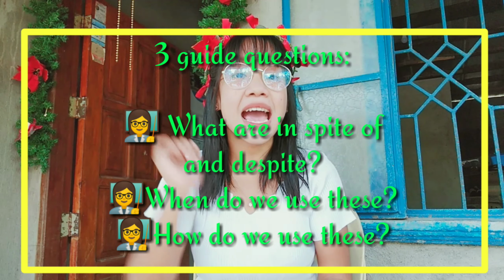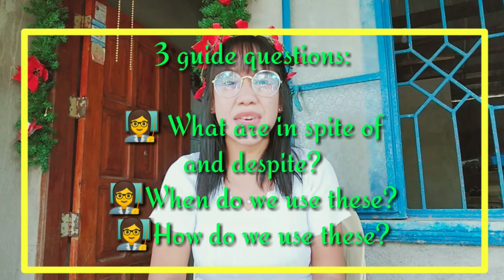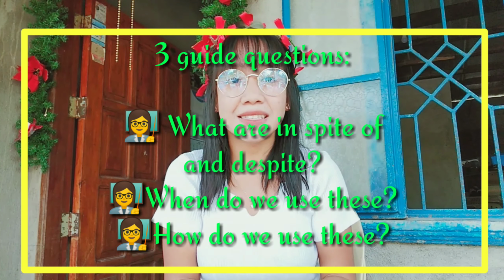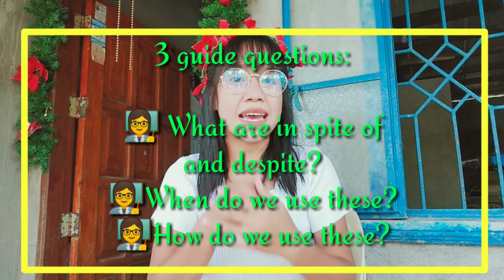And lastly, how do we use in spite of and despite? I think that's the most essential question that we have to answer and learn in this lesson. So if you wanted to learn and have the answers for these 3 guide questions, continue to watch this video. And the first guide question that we have to answer is, what are these?